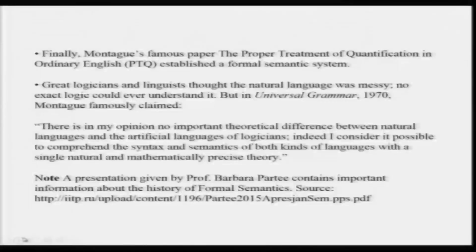Finally, Montague's famous paper, The Proper Treatment of Quantification in Ordinary English, established a formal semantic system. When these great logicians like Russell and Strawson were against doing natural language semantics or against formalizing semantics, Montague was a student.